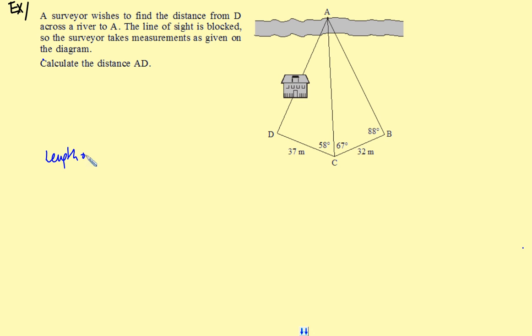So to find the length of segment AC, I know that 67 degrees plus 88 degrees subtracted from 180 will give me this angle here. So it's 180 minus 67 minus 88, and that tells me that the angle in here is 25 degrees.